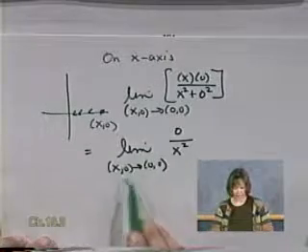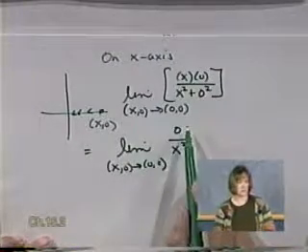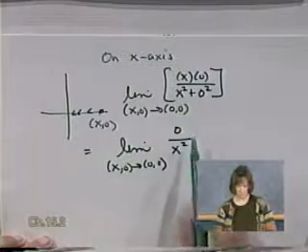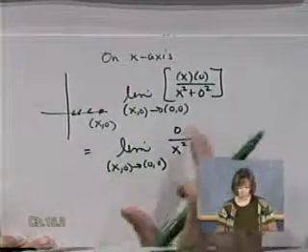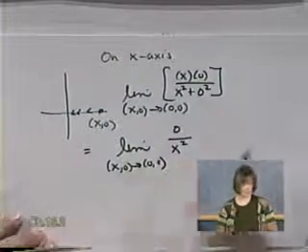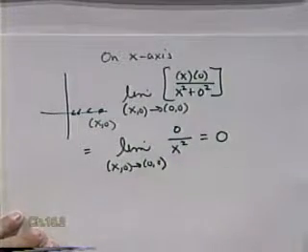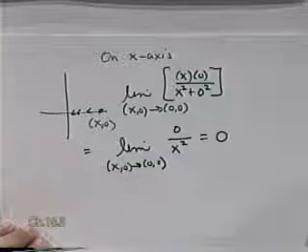As (x,0) approaches (0,0), the numerator is always 0. The bottom is 1 squared, or 0.5 squared, or 0.3 squared. Who cares? x cannot be equal to 0. 0 over anything, as long as it's not equal to 0, is 0. So my limit coming in from the left is 0.